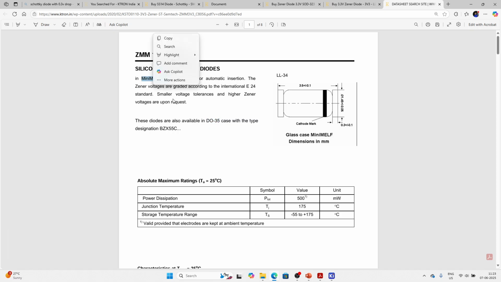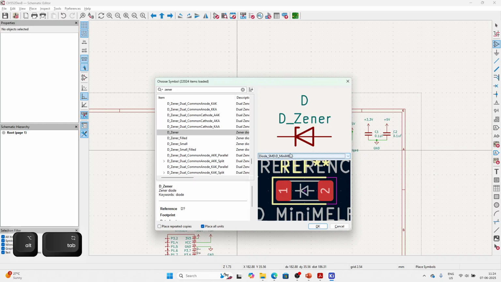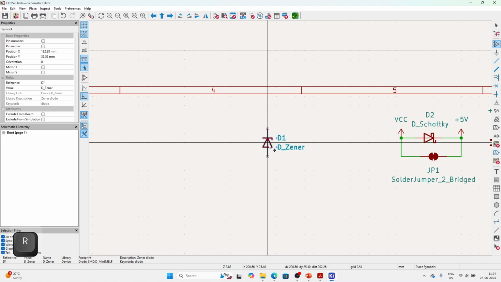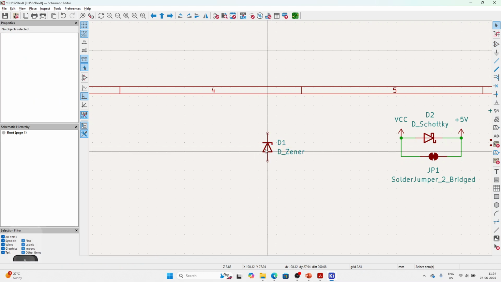Sorry, it is not DO35, it is a mini MELF package. So we have selected the mini MELF package here. We'll place two of them.